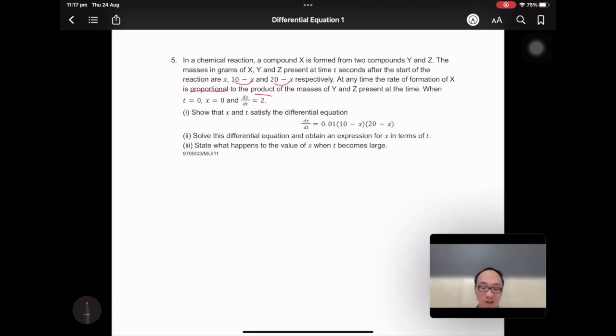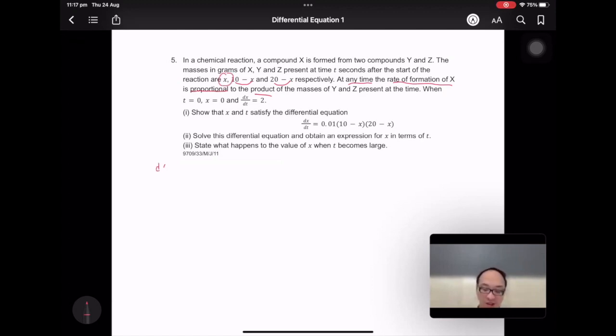When t is 0, x equals 0, and dx/dt equals 2. Show that x and t satisfy the differential equation. Okay, so we can take the words from this sentence. At any time, the rate of formation of x. So the mass of x is x.